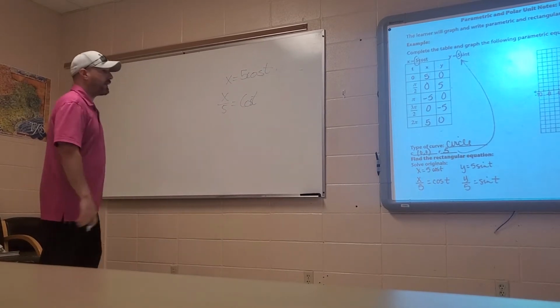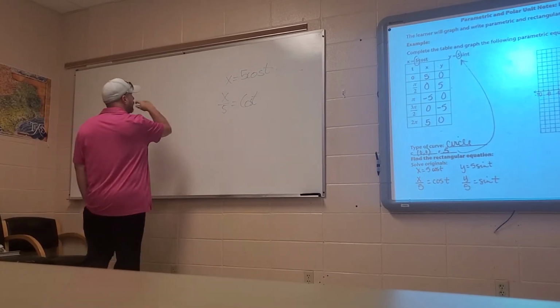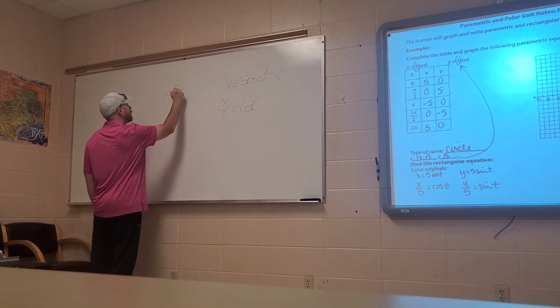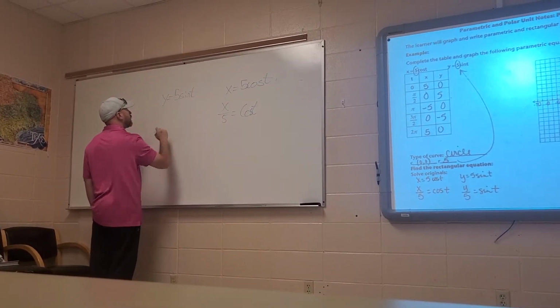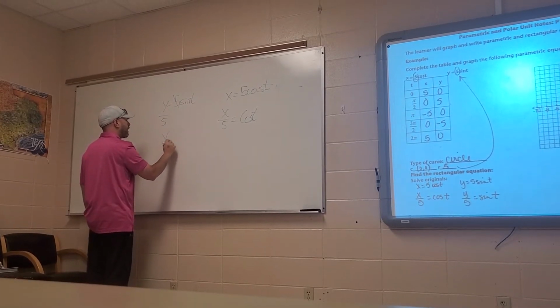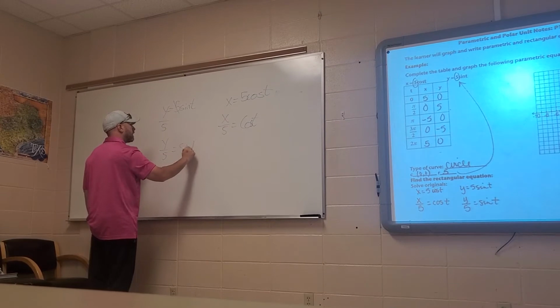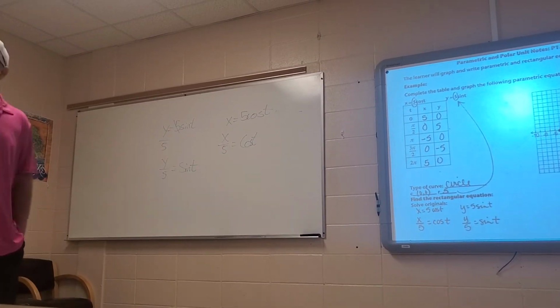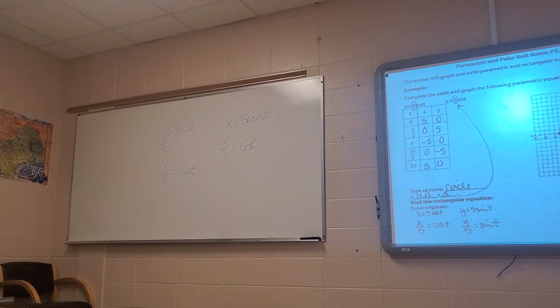And if you do the same thing with the other one and divide by 5, y over 5 equals sine t. Uh-oh, we don't really know what to do now.